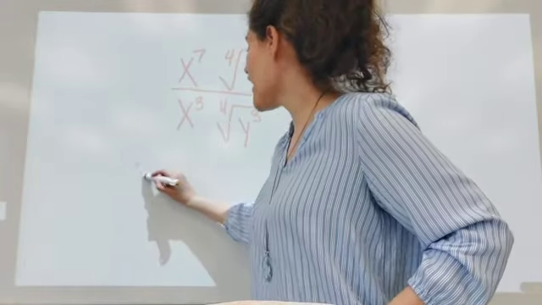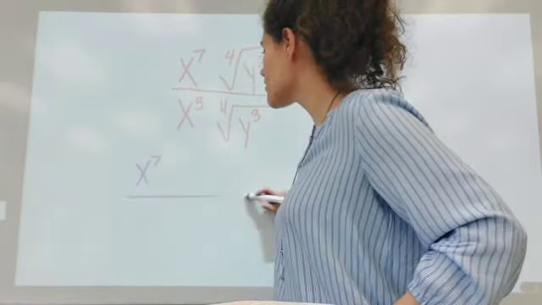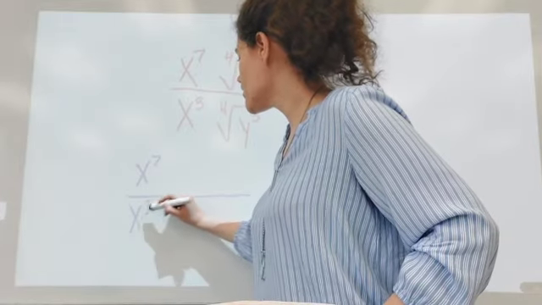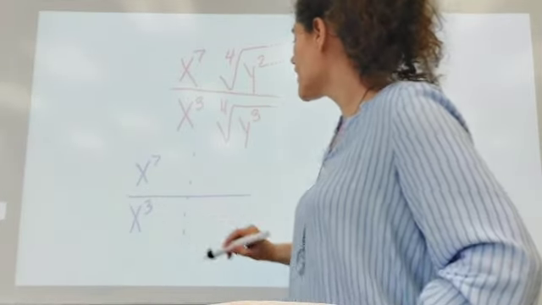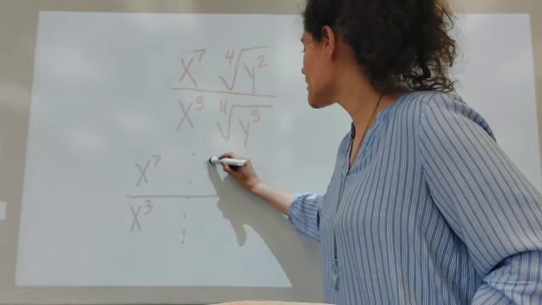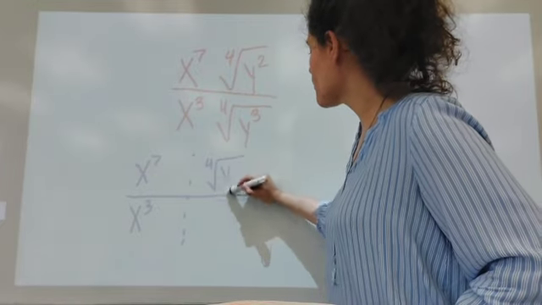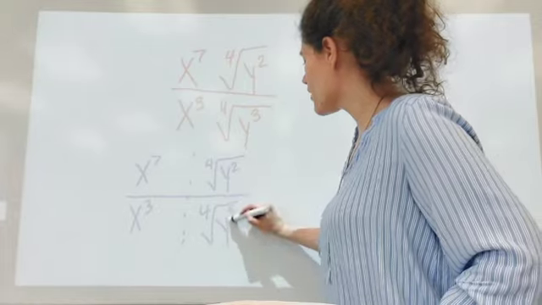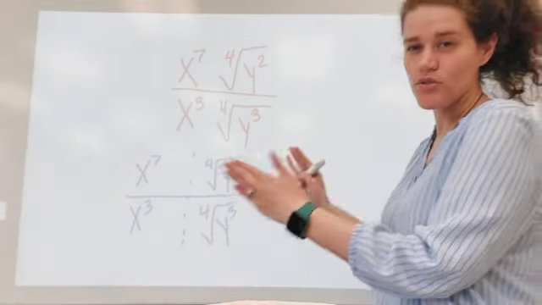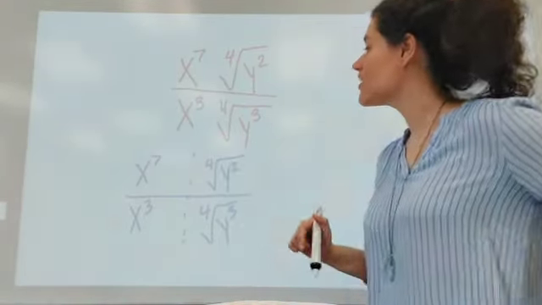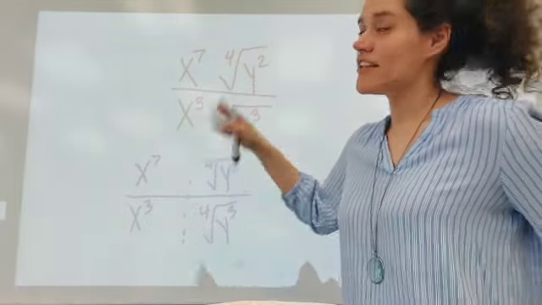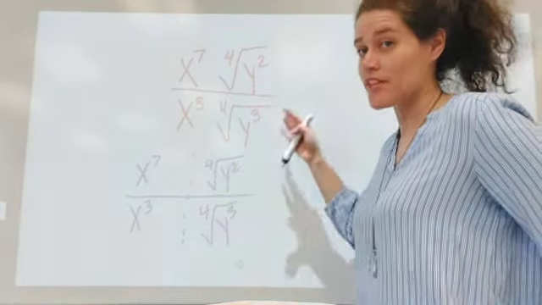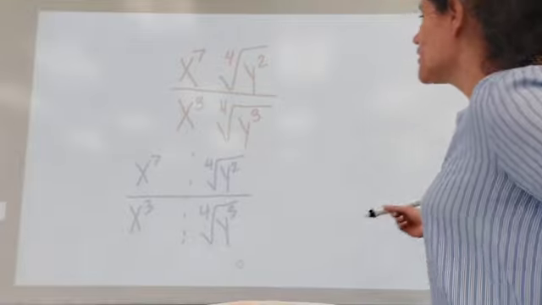So I'm gonna have x to the 7th over x cubed, and I am going to have the 4th root of y squared and the 4th root of y cubed as 2 separate things, because the outsides have to divide separately from the insides.